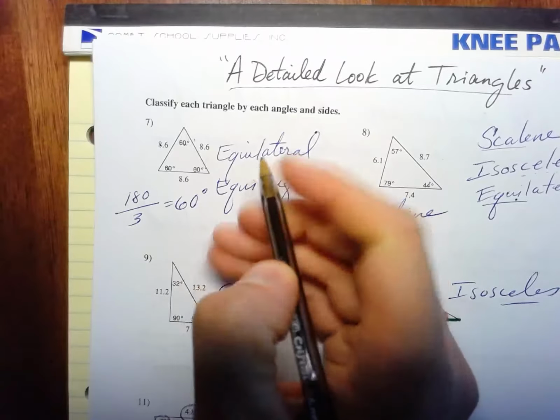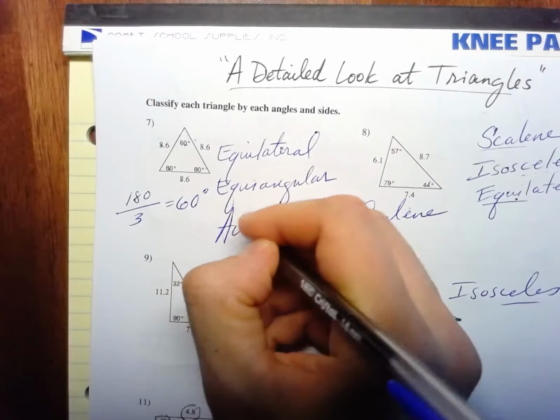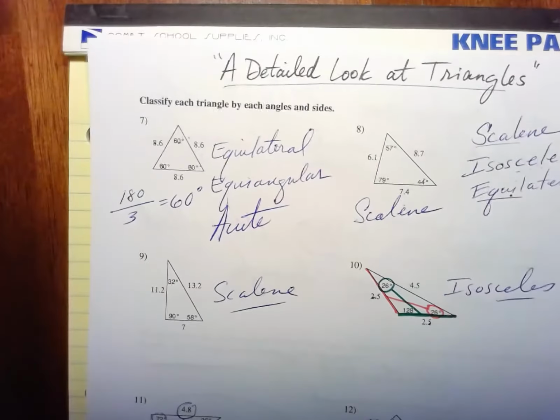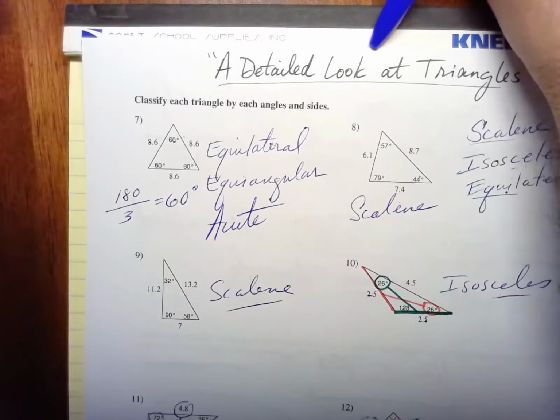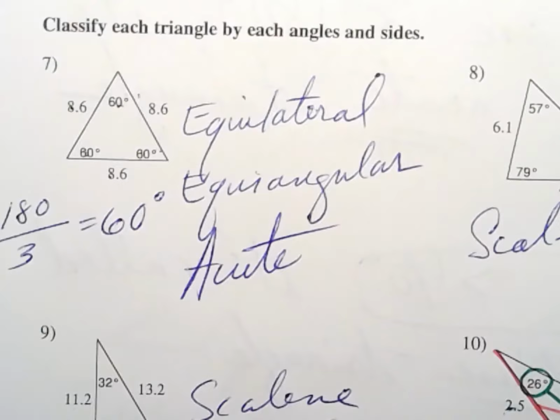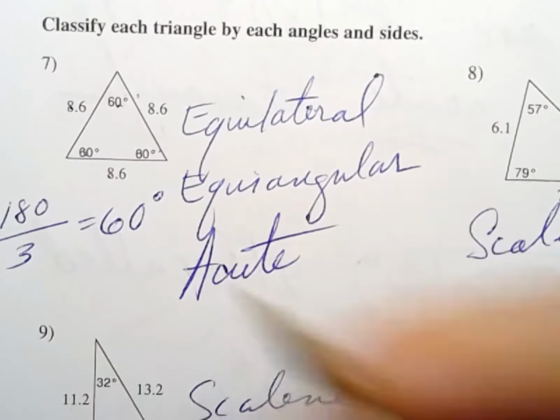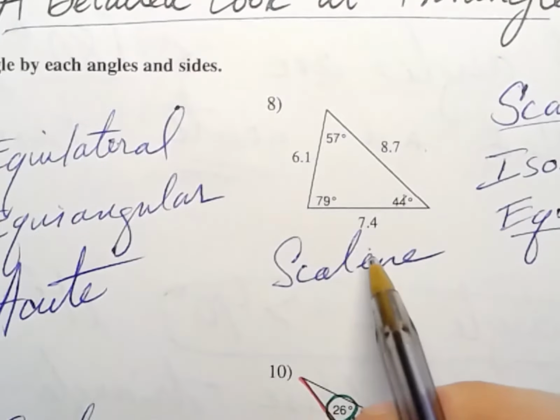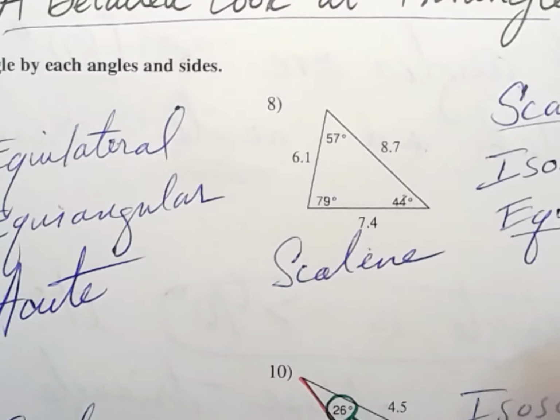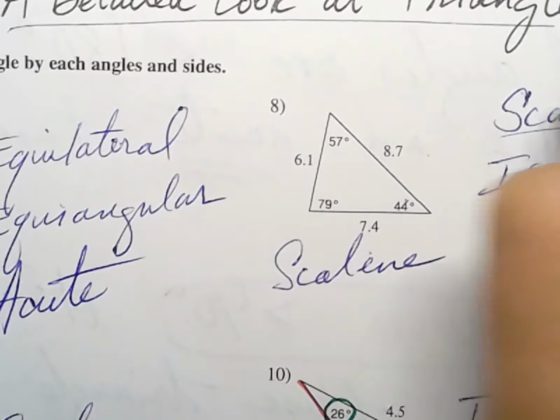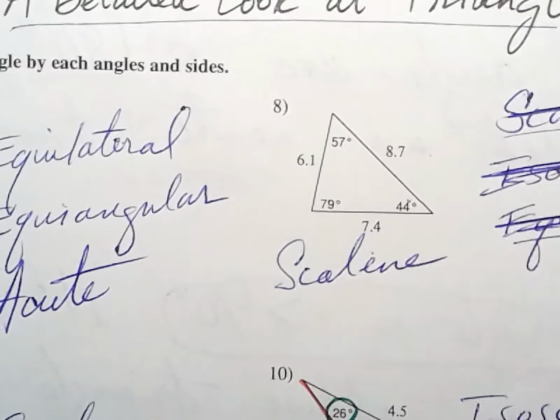So looking back at this, it is equilateral and equiangular, but it's also acute, right? Because all of them, let me zoom back in for this part, all of them are less than 90. This one, they're all less than 90. Let's move these words out of here because it's confusing me.